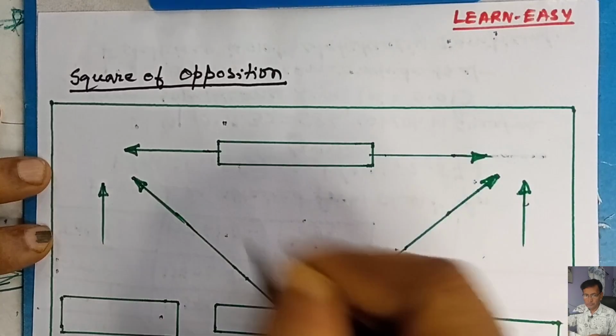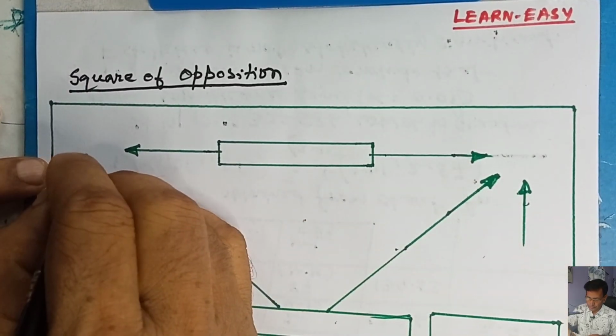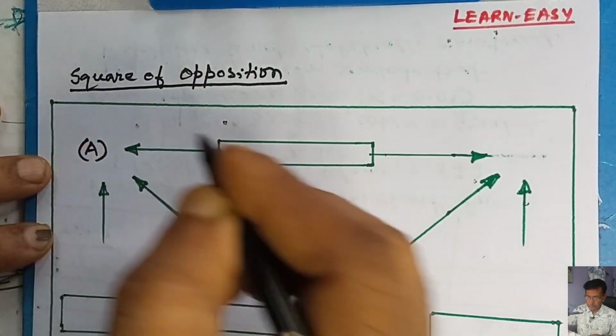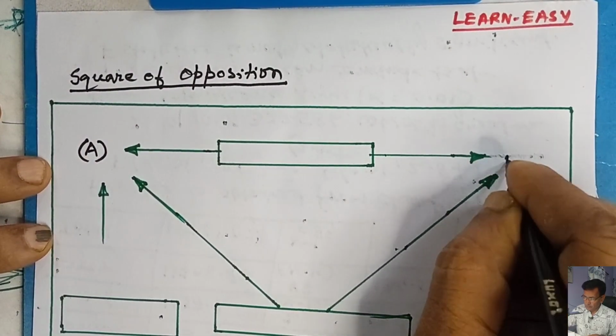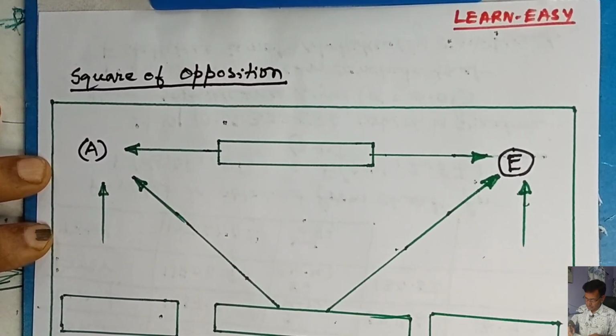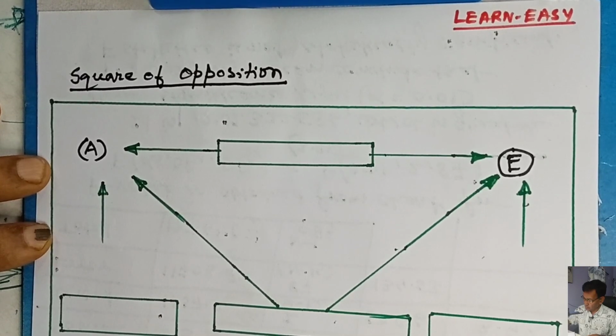In square of opposition, in the four corners, there is A, E, I, and O.